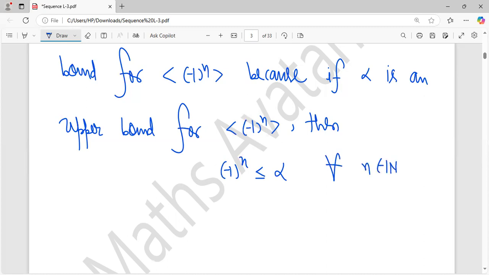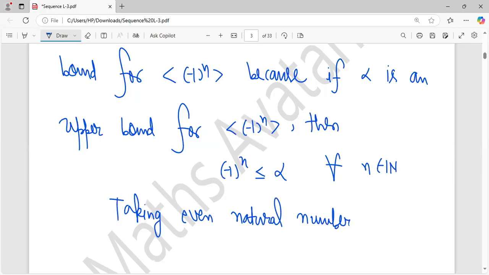Now taking even natural numbers, if we put an even natural number here, we will get 1.